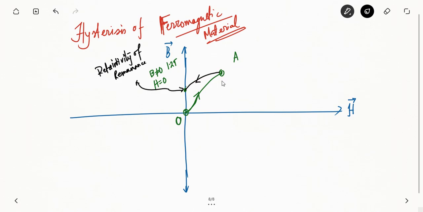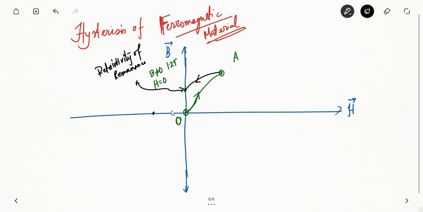Now further reduce H. When H becomes negative, we still get a magnetic field B, and as we reduce further, at some point B equals 0. We know that on the x-axis the value of y is 0.